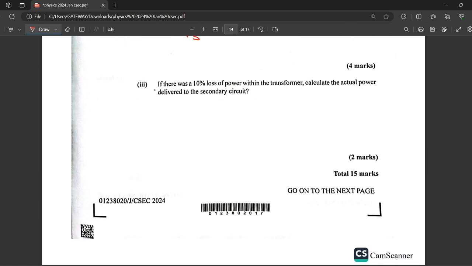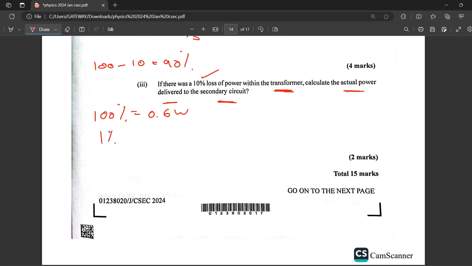The last part here now, they say if there was 10% loss of power within the transformer, calculate the actual power delivered to the secondary circuit. So you lose 10%. So initially you have 100%. 100% is equal to what? 100% is equal to 0.6 watts. But if you lost 10%, right? It's really 100 minus 10, which will really say you have 90%, right? You're utilizing 90%. So how to solve for 90% here?